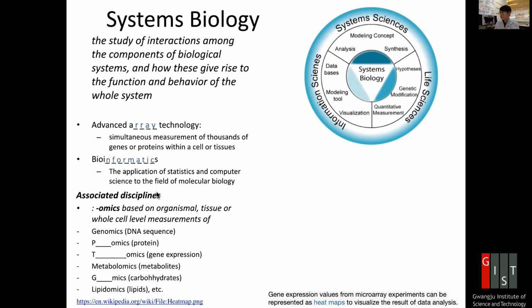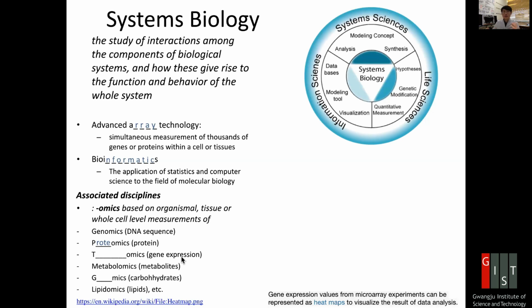So I want to give you an example. A single DNA sequence study, a gene study, we call genetics. Now we are talking about the whole set of genes, so that allows us to study the whole genome. So it's called genomics. And the study of protein expression and the whole set of proteins, we call proteomics.